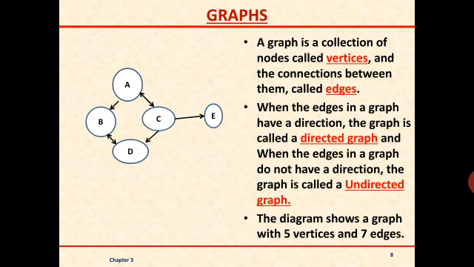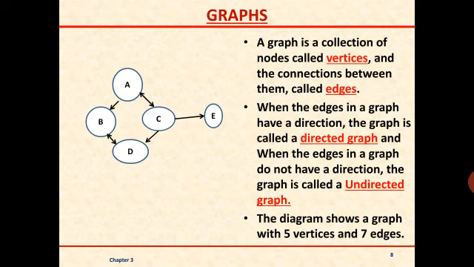Now the second example in the non-linear data structure we have considered was the graph. So let us briefly recall what a graph is. A graph is a set of vertices and edges which connect them. A graph is a collection of nodes called vertices, and the connections between those vertices we call edges.